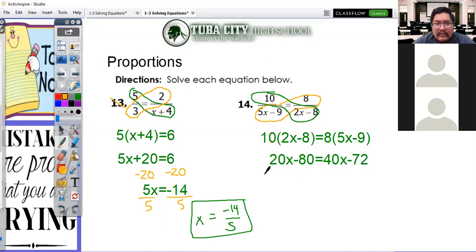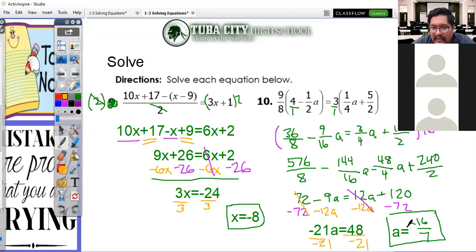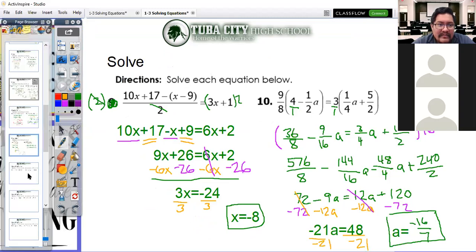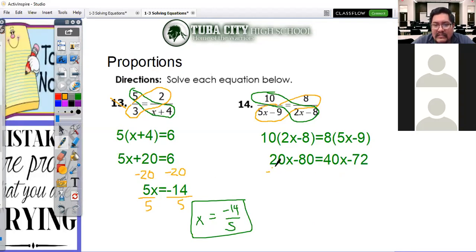Okay, now, I know I did a problem like this before where I was like, should we just divide by the negative? I think that's what we did on the last one because I knew we got a negative there. Here I'm going to subtract 20x and add 80 to both sides.